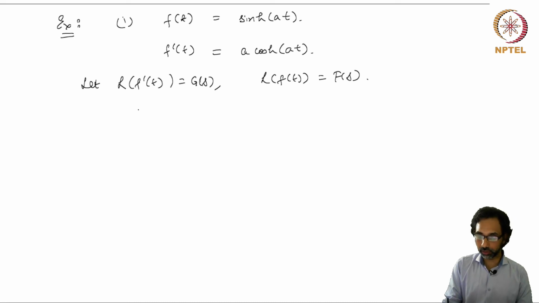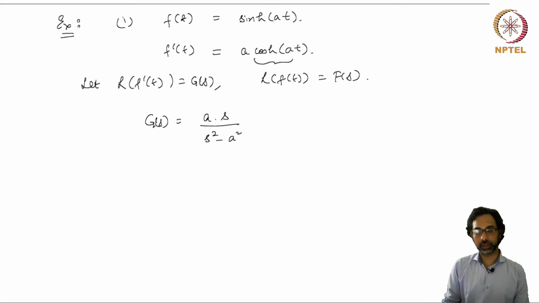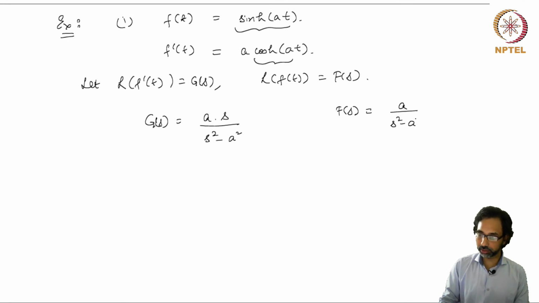Now we know, from our computation of the Laplace transform of the hyperbolic cosine function, that G(s) is a times s over s squared minus a squared, and F(s) is nothing but the Laplace transform of the hyperbolic sine function, which is a over s squared minus a squared.